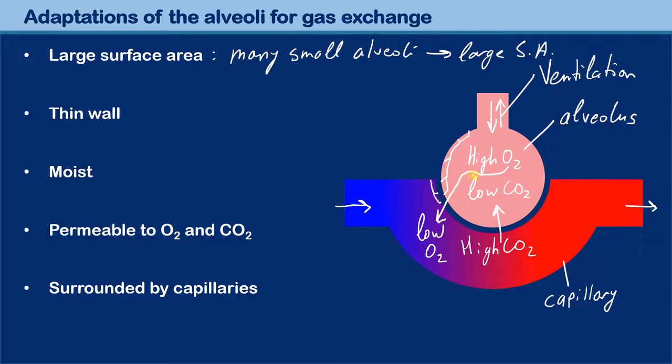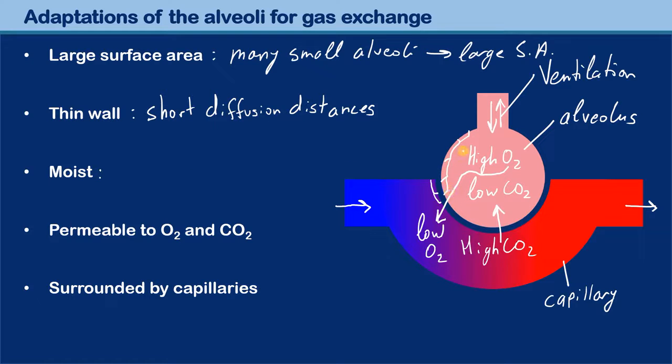Because both the alveolus and the blood capillaries have a thin wall, we have short diffusion distances. Okay, that's my spelling. So you have short diffusion distances, which allows diffusion to occur relatively quickly.